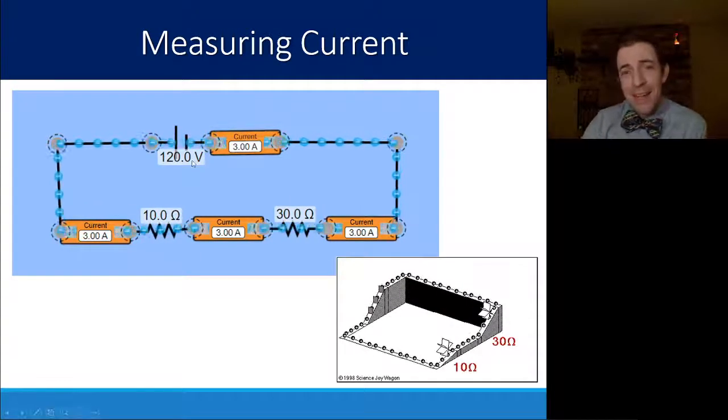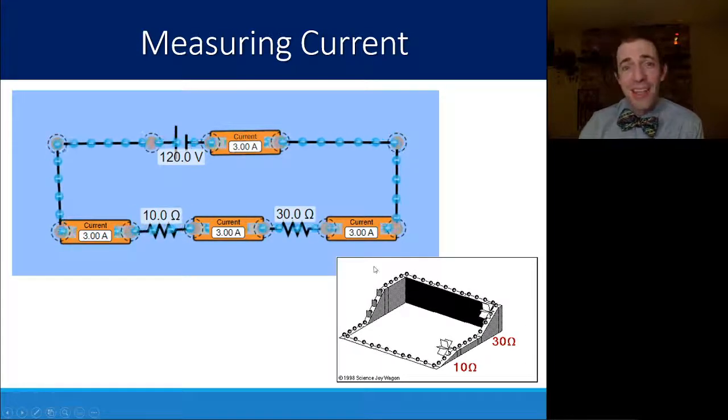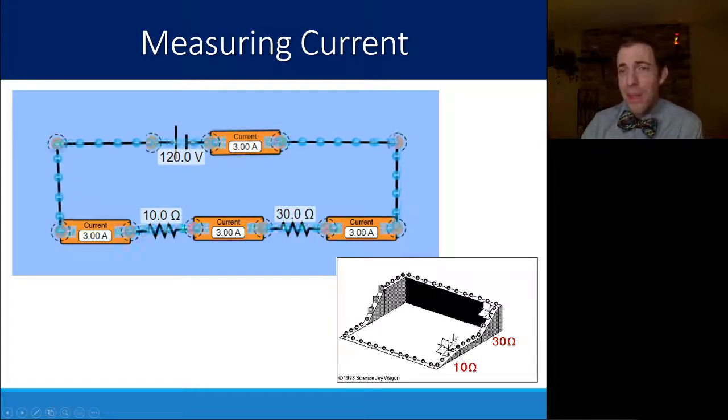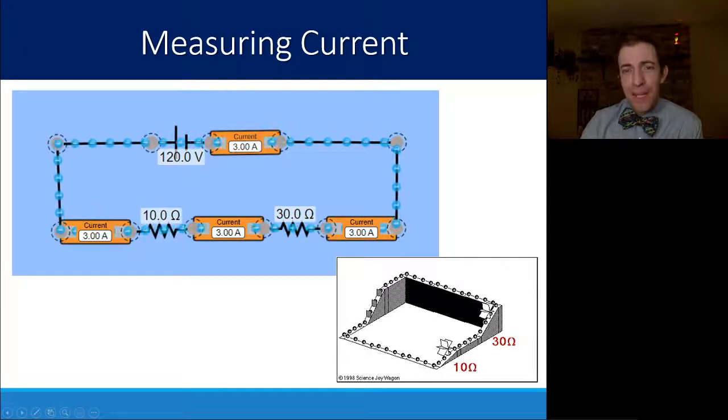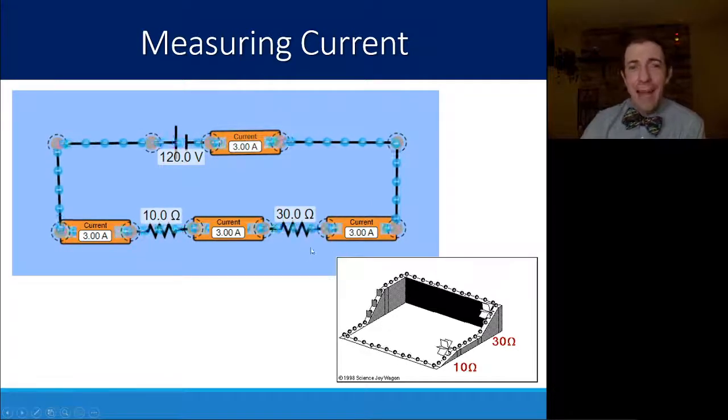This diagram here is the same as this diagram here. There's just different ways of showing that. And you'll notice in this animation that we saw earlier of the water flow model that all of these charges are moving at the same rate. They are all moving at that same current of 3 amps in this case.